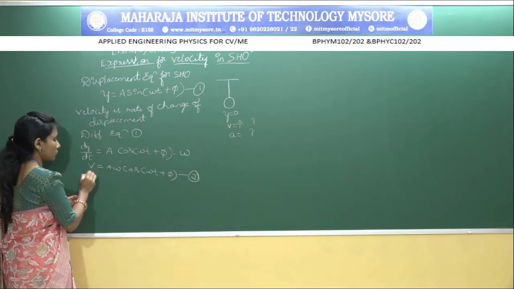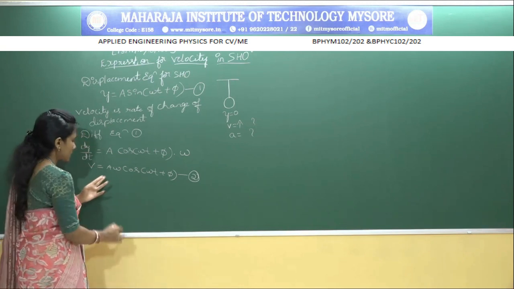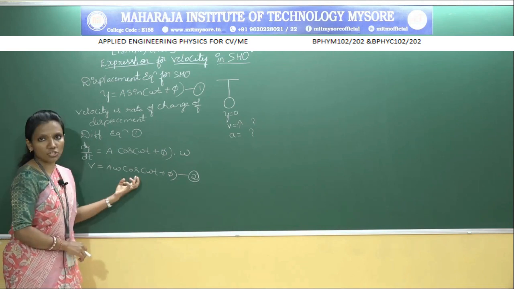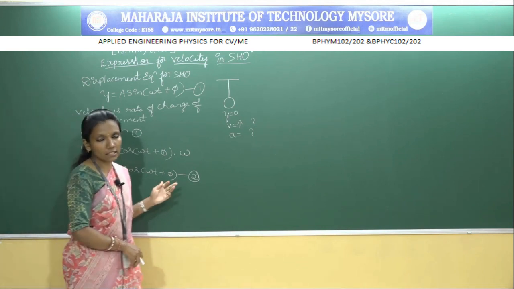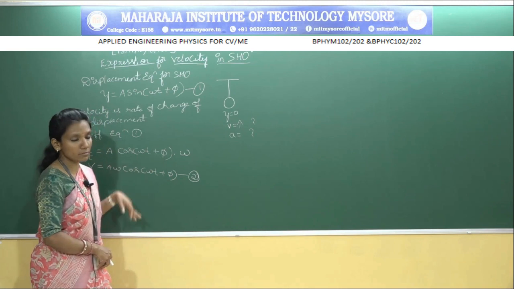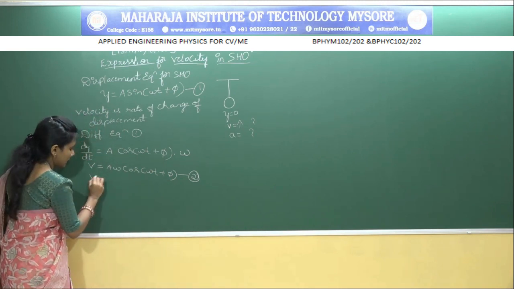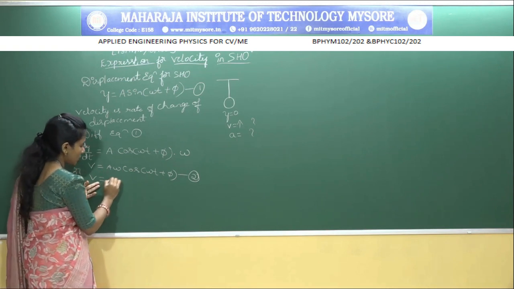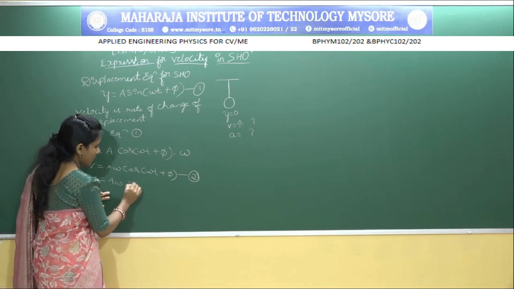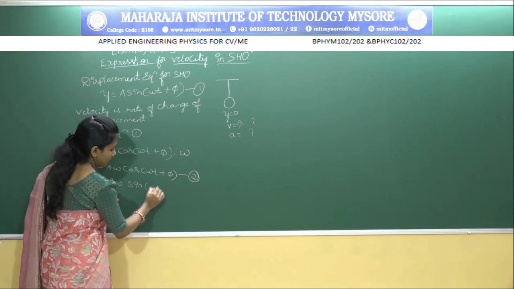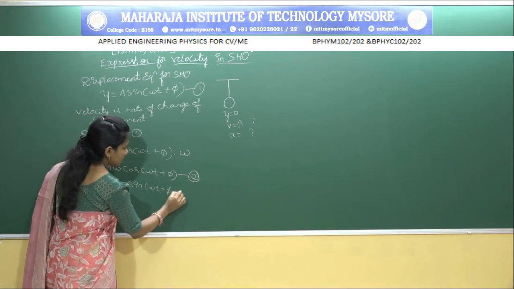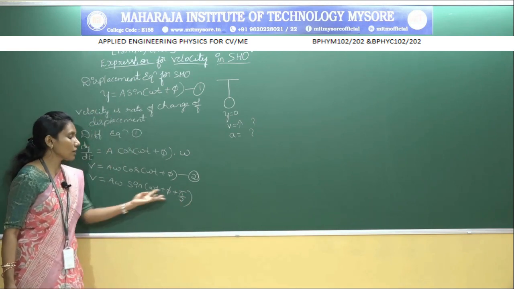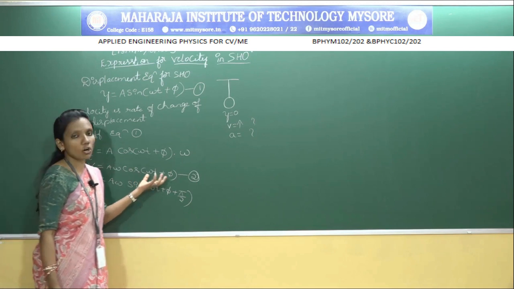Next, to find the velocity expression, suppose we write this equation in terms of sine. We can write v is equal to A omega sin of omega t plus phi plus pi by 2, because we know that sin of 90 plus theta is cos theta.